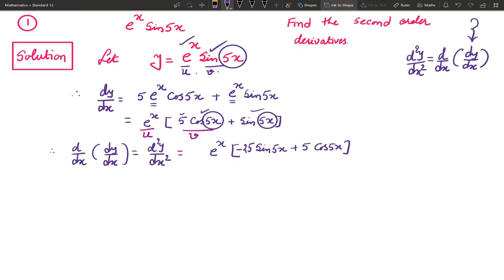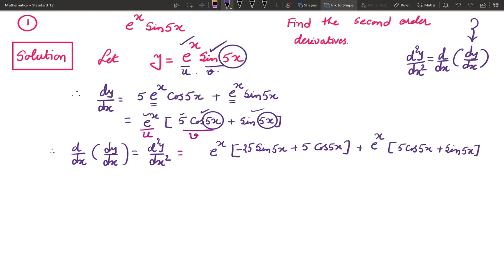So u as it is, derivative of v, now v as it is, so 5 cos 5x plus sine 5x as it is, and the derivative of e raised to x is e raised to x. So u into derivative of v plus v into derivative of u.